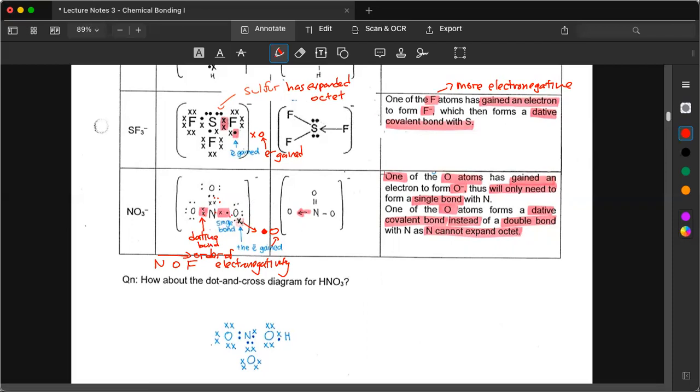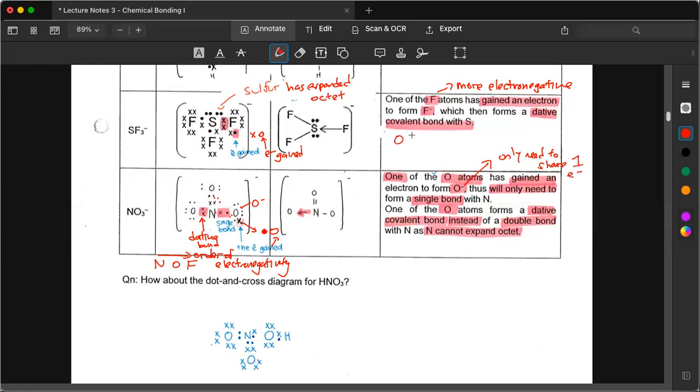And in order to maintain its octet configuration, the electron is gained by oxygen. Okay, so one of the O atoms has gained an electron to form O-, usually this one, and will form a single bond with N. Because it gains an electron, there's no need for oxygen to share both. So this only needs to share 1. So for O-, right, the valency dropped to 1.